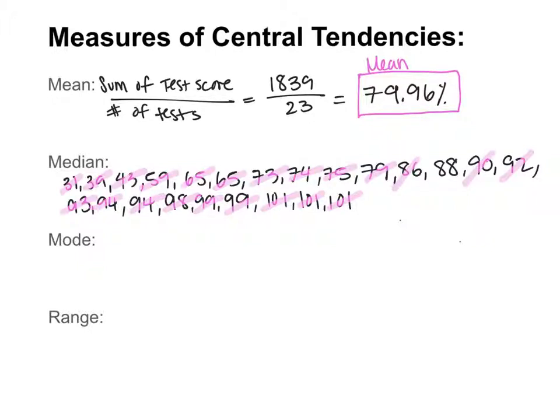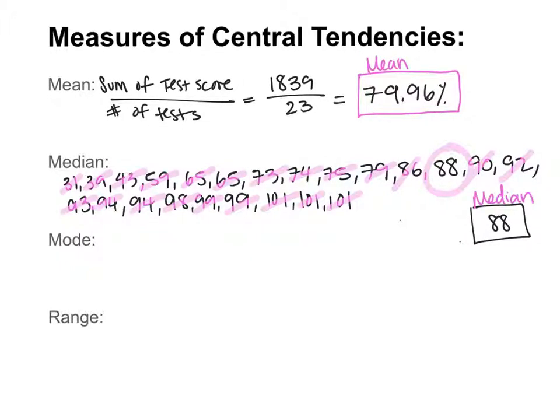Okay, it looks like the middle number here is 88. So our median, oh, sorry, that's a highlighter. It's 88. This is our median.